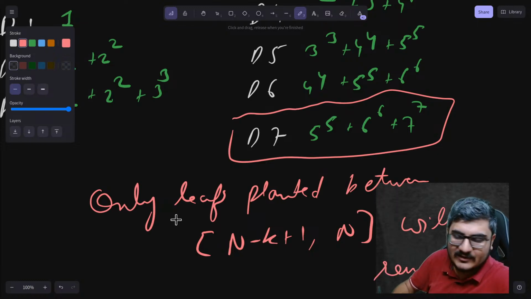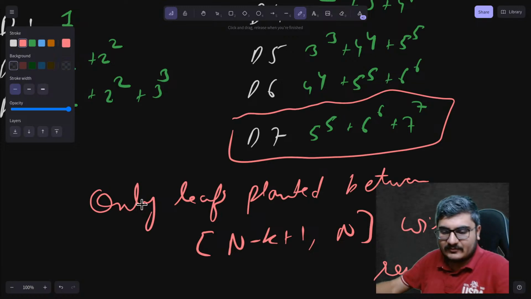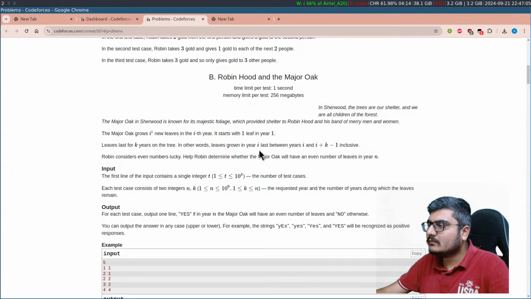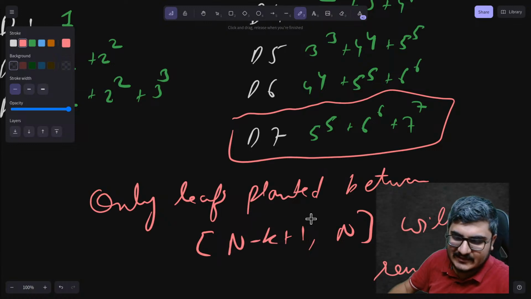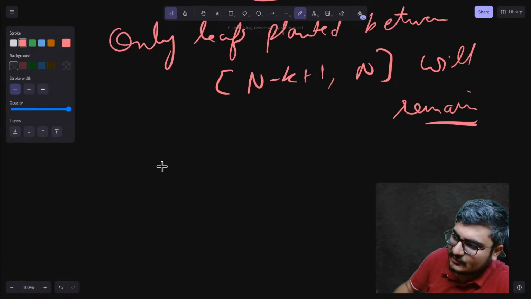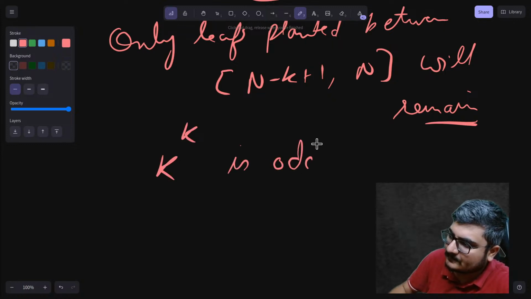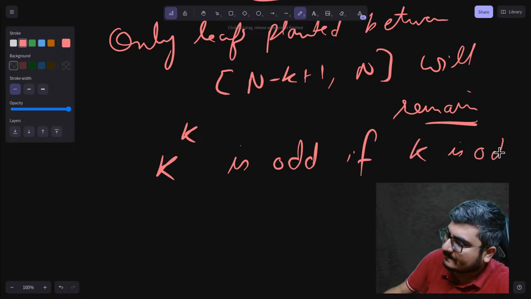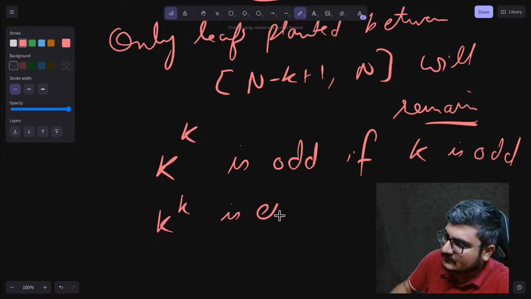Everything before it will die out before we reach the end. The next thing to notice here was that i to the power i is odd if and only if i is odd, and i to the power i is even if i is even.